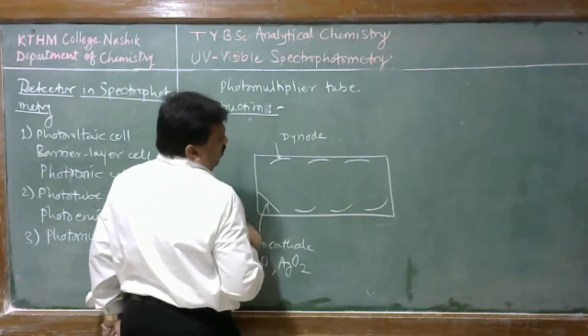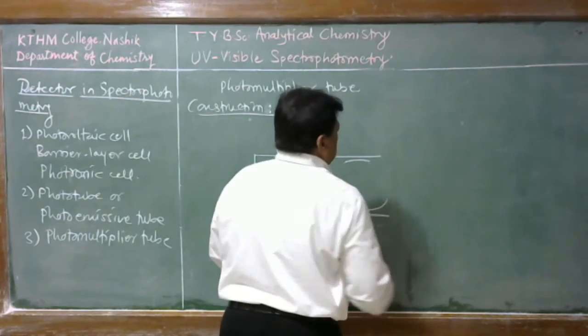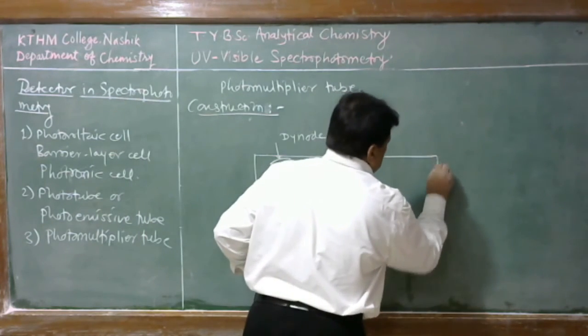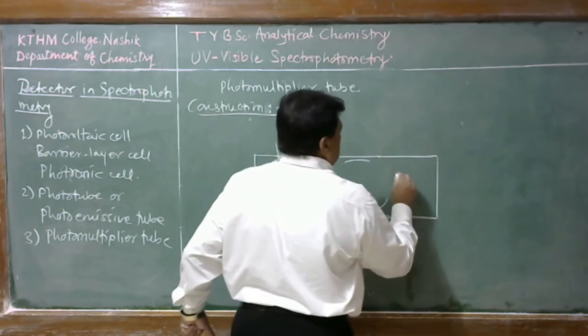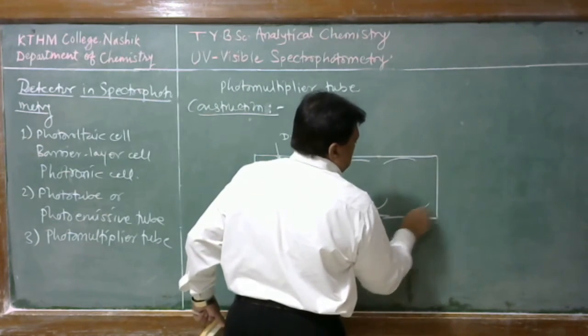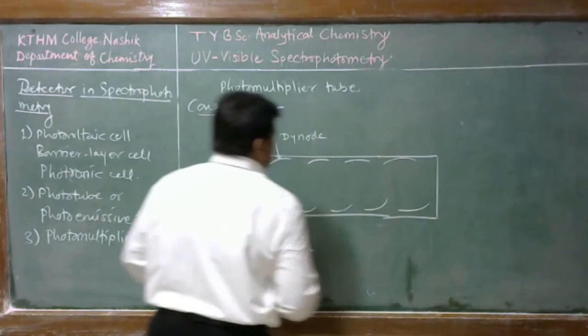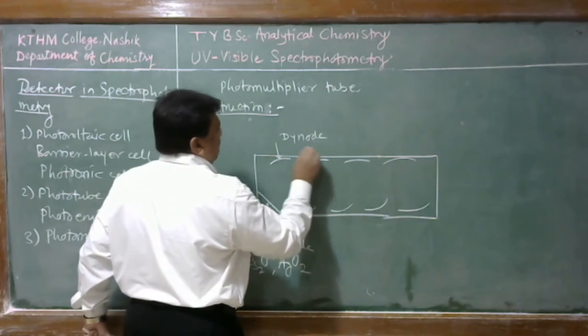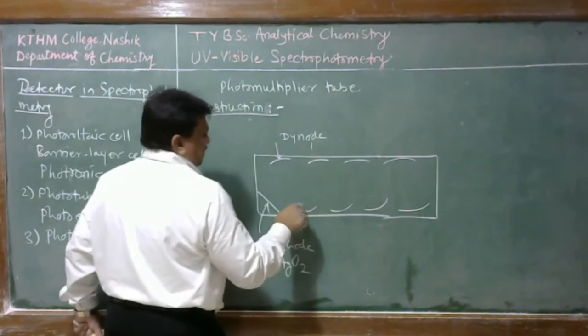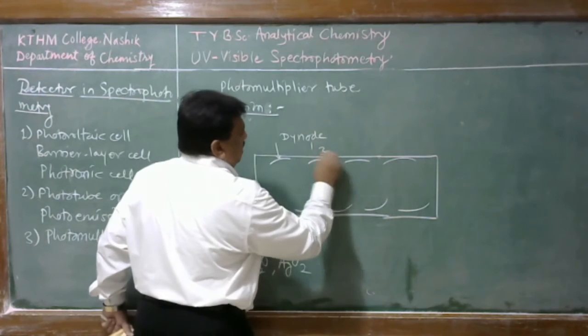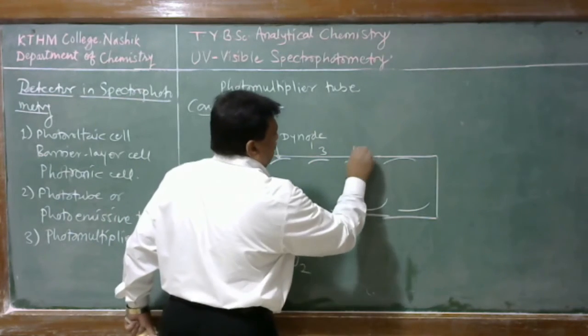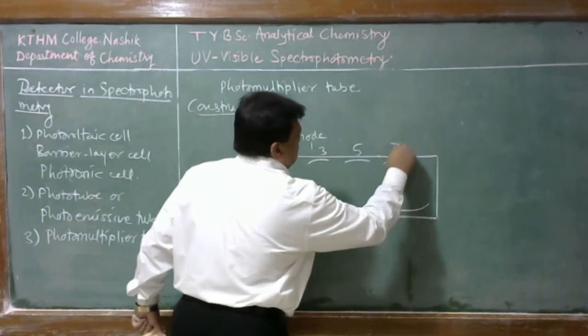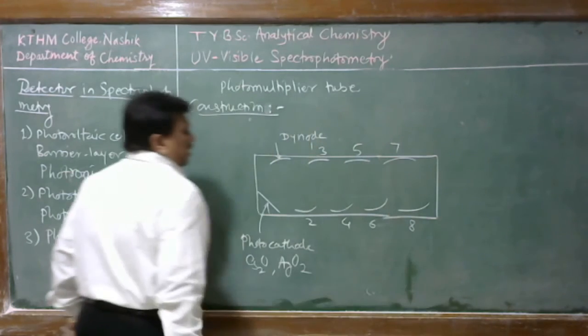There are about 1 to 9 diodes: first, second, third, 4, 5, 6, 7, 8.